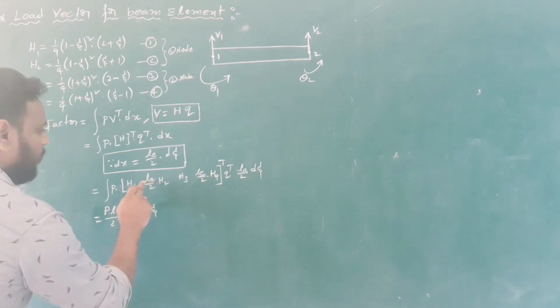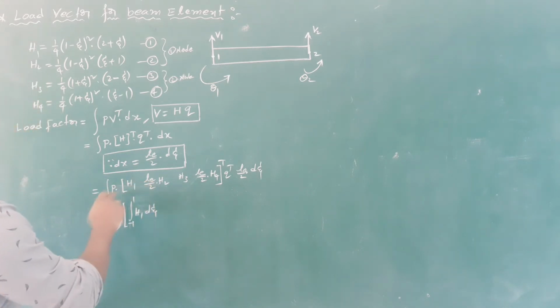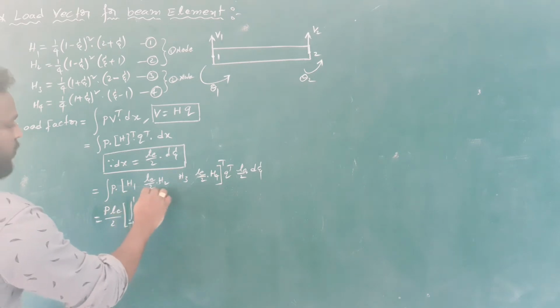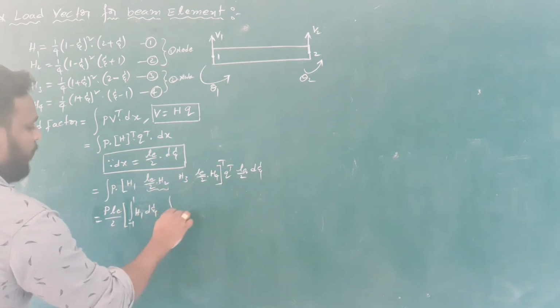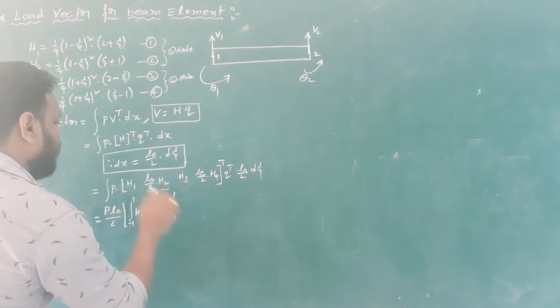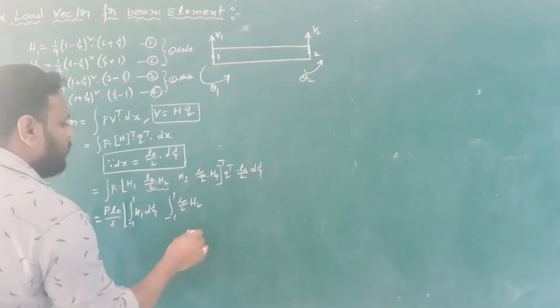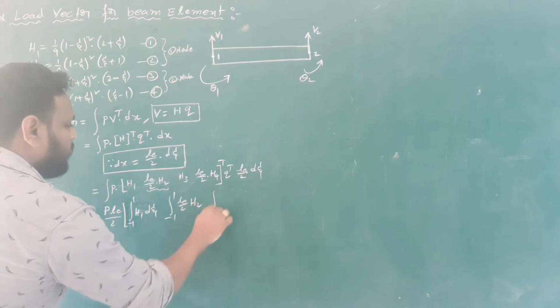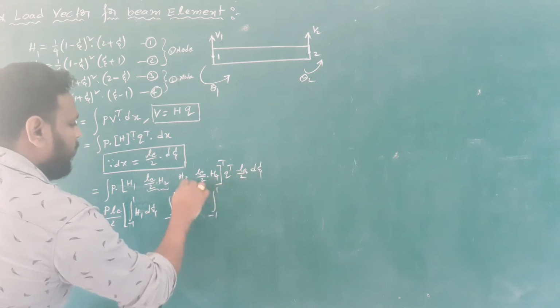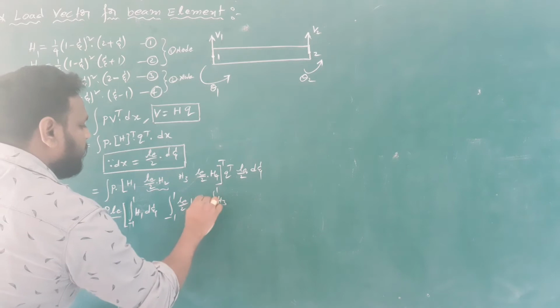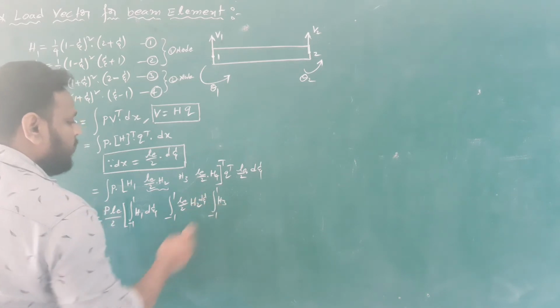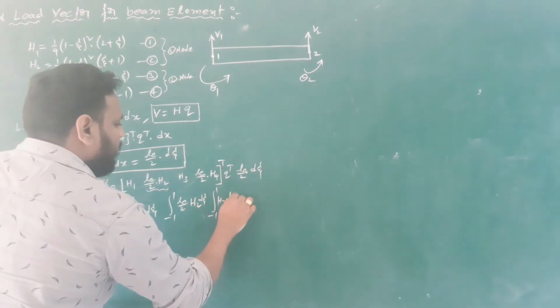Next, apply integral to this element: integral of -1 to 1 LE by 2 into H2, and apply this relation to the third, -1 to 1 H3 into dz.